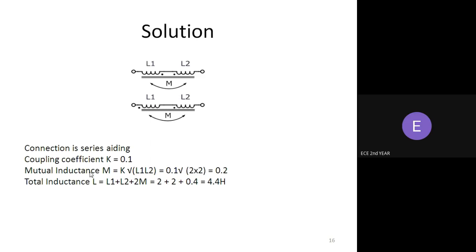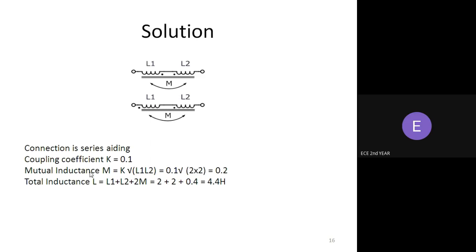The total inductance in this series aiding connection is L is equal to L1 plus L2 plus 2M. M represents the mutual inductance, and L1 and L2 represent the self inductance of the individual coils.